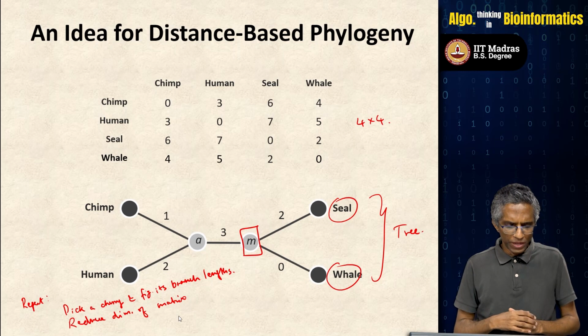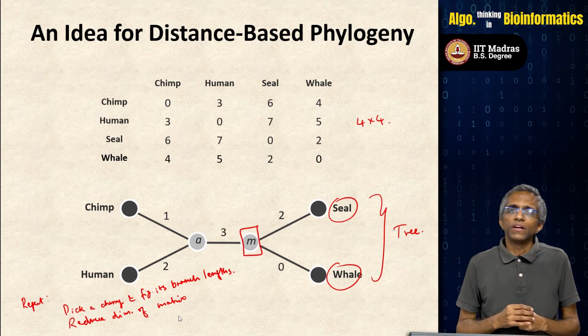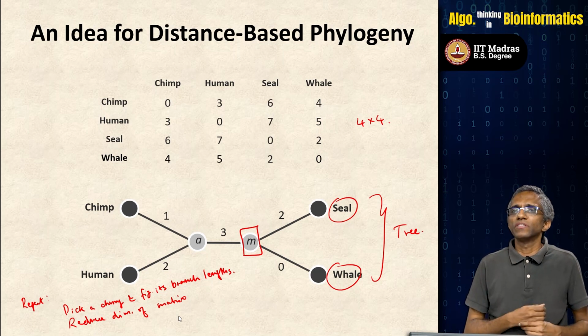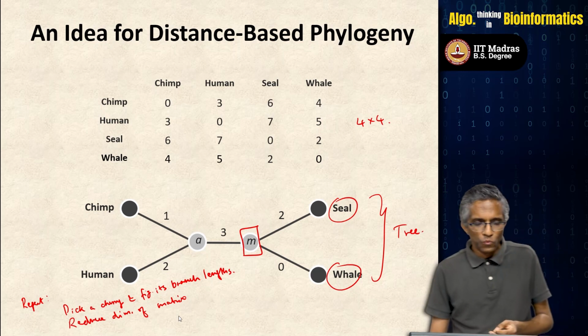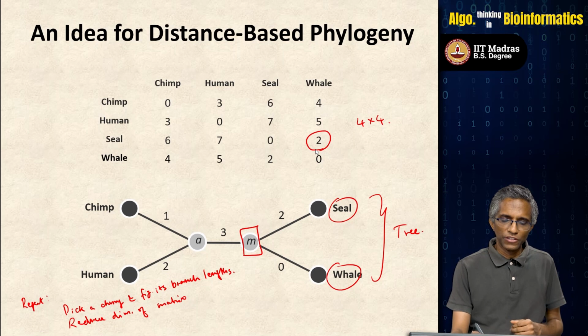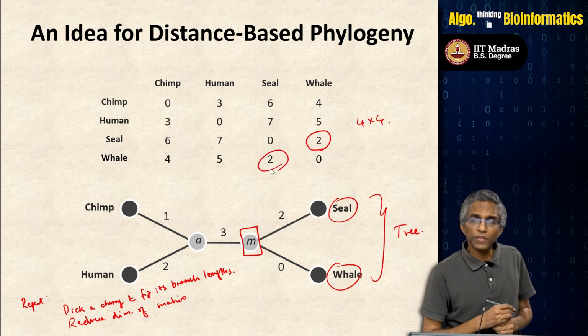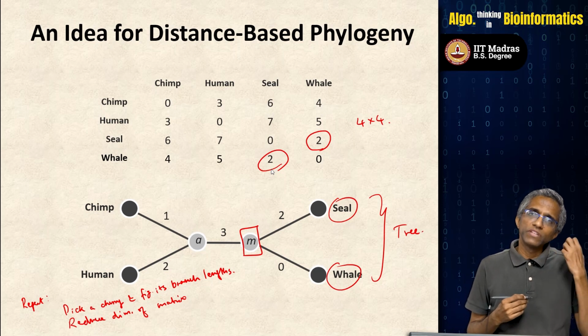But this algorithm will only work if we pick the right cherry every time. The strategy we have used here is very intuitive: you look at the distance matrix, and whichever entry is the smallest, it is this entry 2, and you say that that pair of species forms the cherry. But this may not always be true.